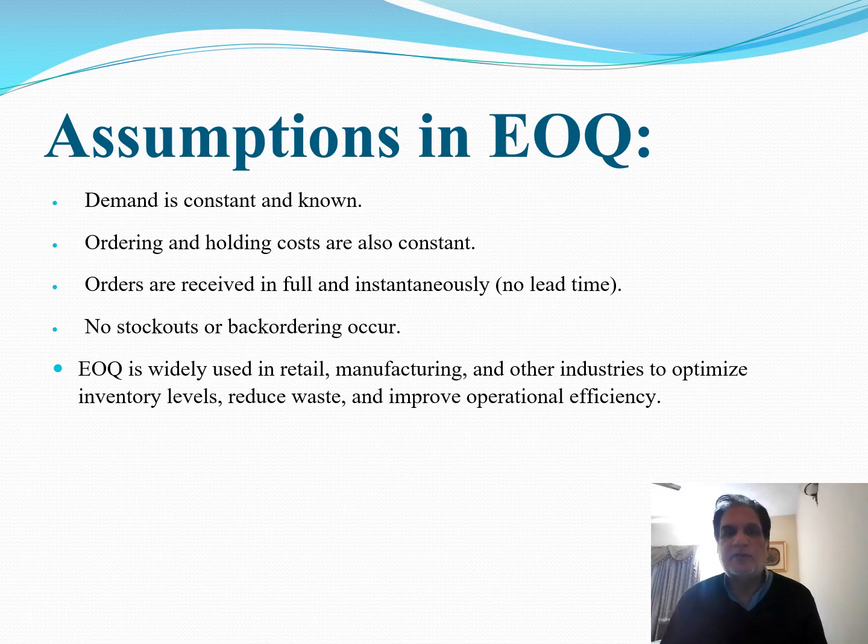Orders are received in full and instantly, with no lead time, so we will use them instantly. Next one is no stockout or backorder occurs. So these are the conditions that should be there to calculate the most economic order quantity.